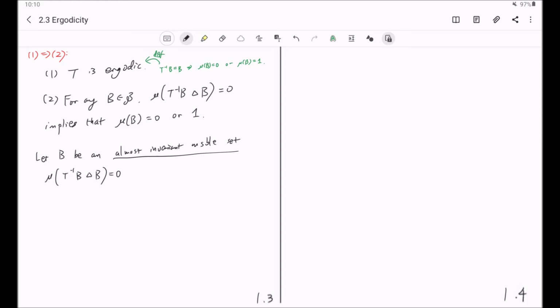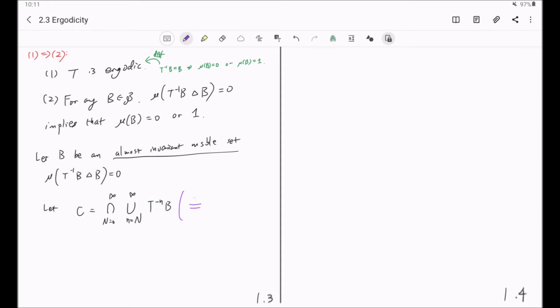And so here is the tricky part. How is that set constructed? Let C be equal to the intersection from capital N equal to 0 to infinity of the union of n equal to N to infinity of T raised to the power negative n applied to B. And recall that you may have learned in abstract measure theory that this set is the lim sup set of this sequence of sets.